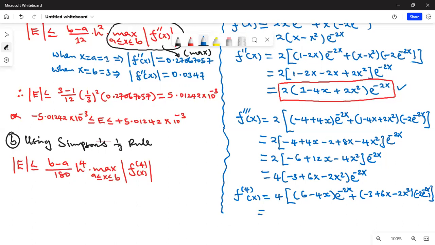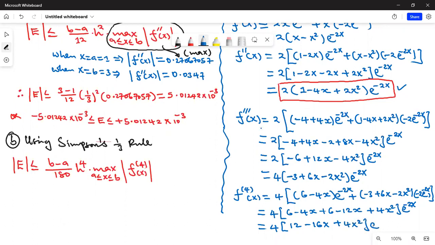If I simplify this, I'm going to get 4 into 6 minus 4x plus 6 minus 12x plus 4x squared, exponential negative 2x. Still, this gives me 4 into 6, that is 12, minus 16x plus 4x squared, times exponential negative 2x. I can see 4 is common.